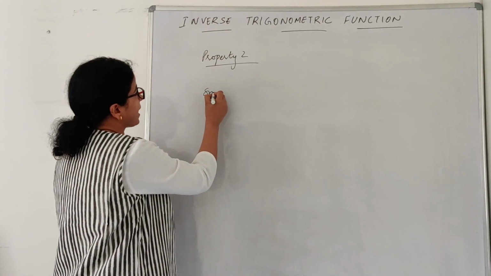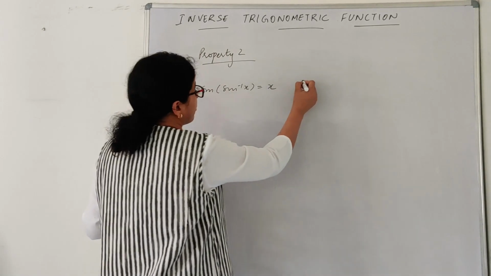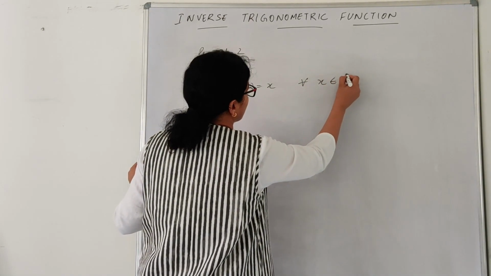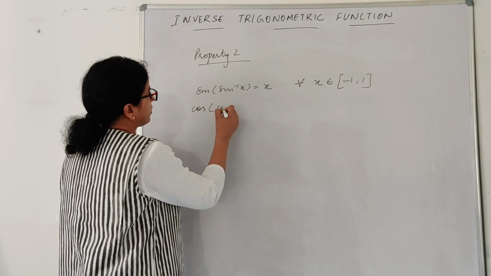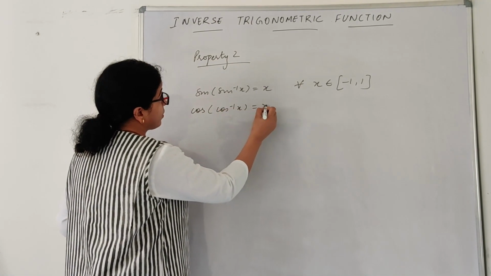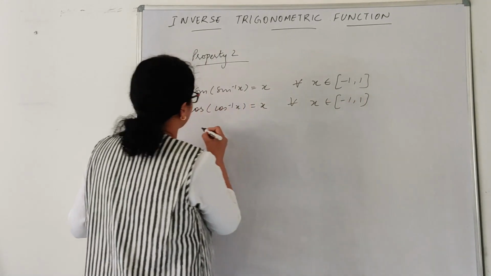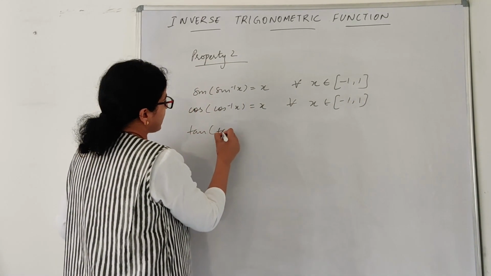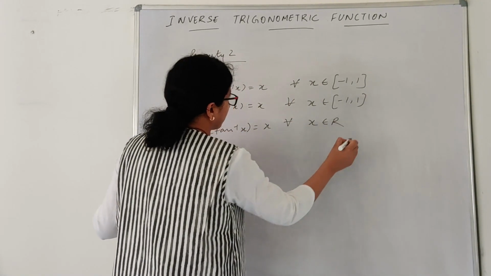It says sine of sine inverse x will be equal to x for all x belonging to the closed interval minus 1 comma 1. Cos of cos inverse x will also be equal to x for all x belonging to minus 1 comma 1. Tan of tan inverse x will be equal to x for all x belonging to R, right?